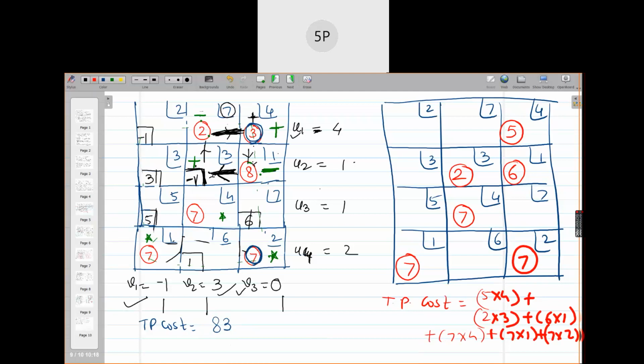Only 2 rupees are reduced. Yes, ma'am. 2 rupees are reduced.